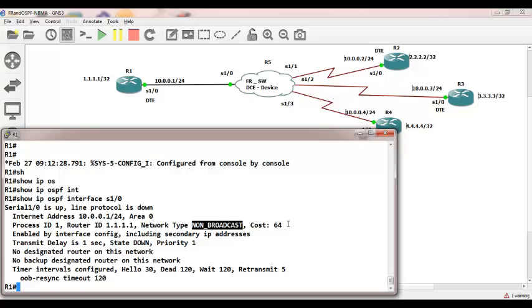This is non-broadcast multi-access. When you have frame relay and multiple access, it's non-broadcast. So the default network type is non-broadcast. It is not point-to-point. I told you yesterday, when your router is in NBMA, the default mode is non-broadcast. That's the very first type.